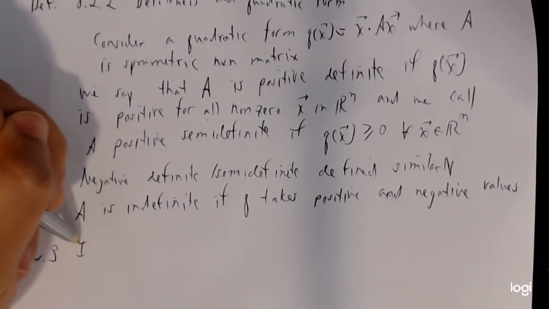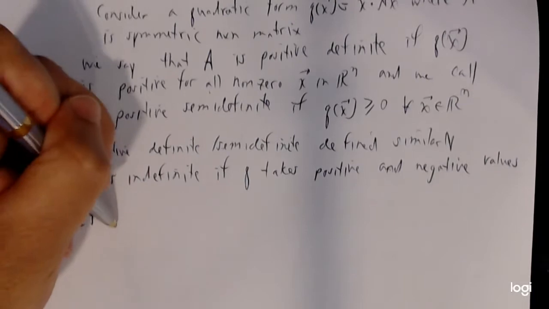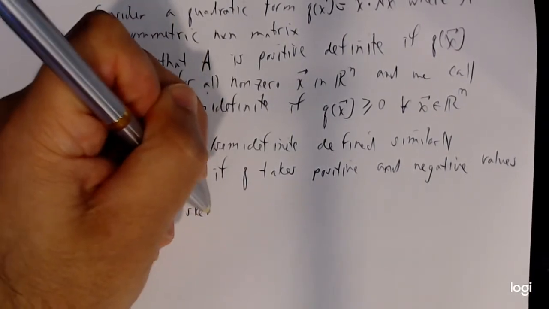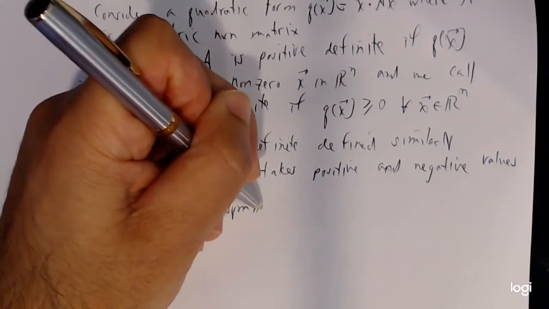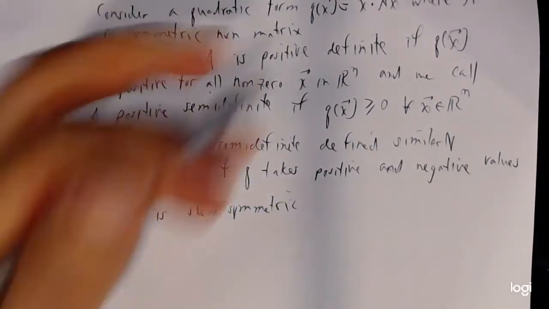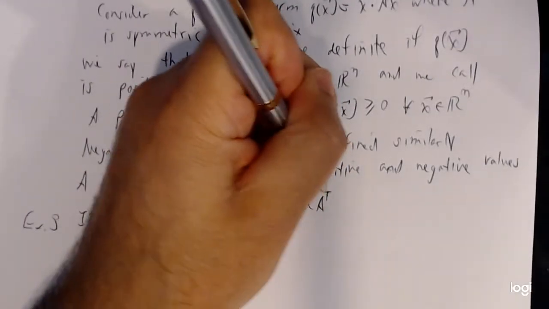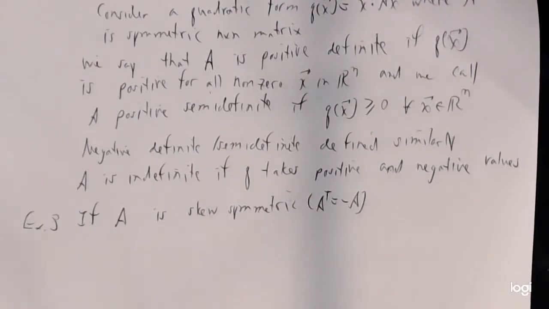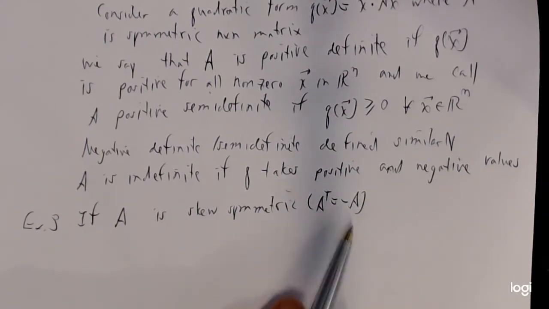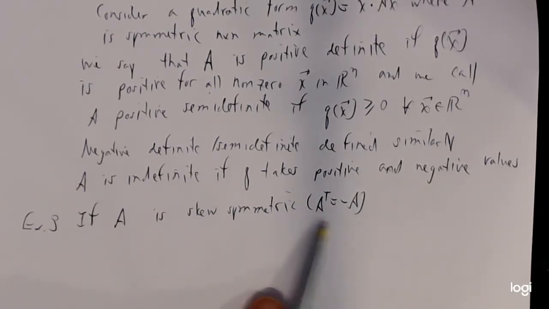The statement is, if A is skew symmetric. Now, if you remember, what did it mean to be skew symmetric? That just means A transpose is equal to negative A. So if something is skew symmetric, when you take its transpose, you get its opposite. We defined this earlier on in the year, just in case you'd forgotten.